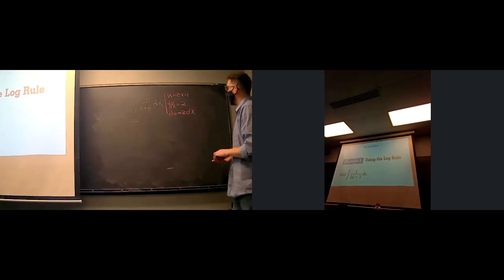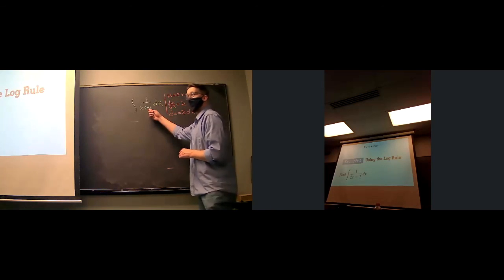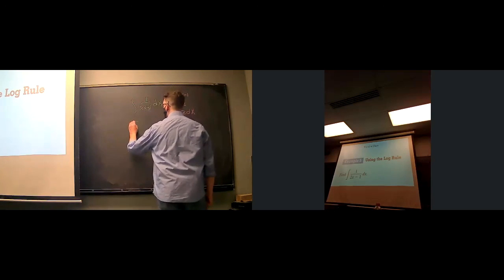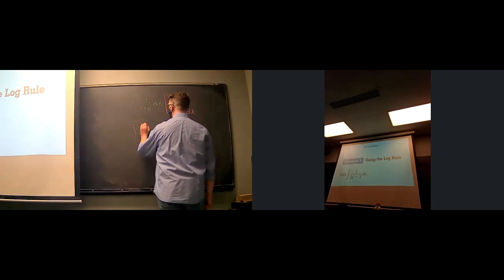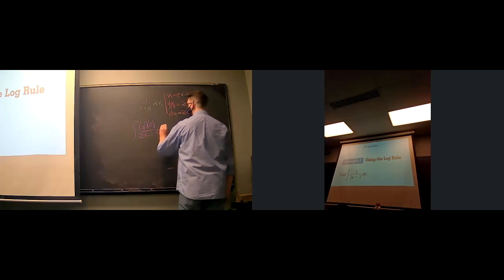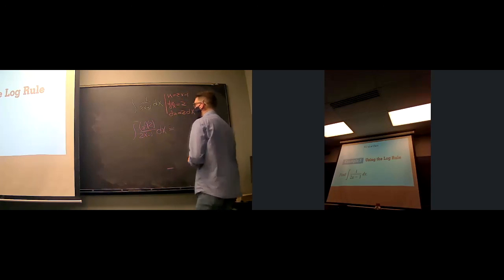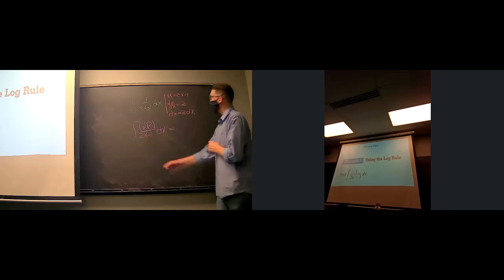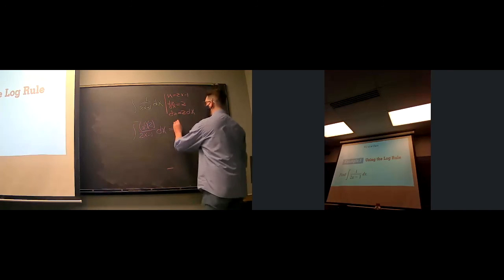Okay, now, we're going to have to multiply, like I said, by 1 here. When we do that, we have 1/2 times 2 over 2x minus 1 dx. And we can pull out that 1/2.